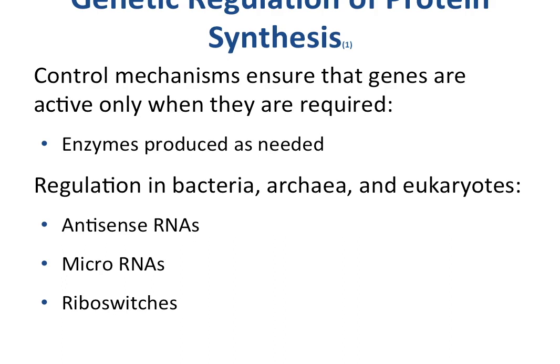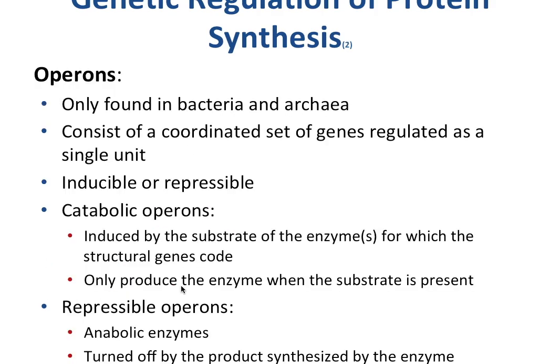However, if they don't need those proteins, they can shut down the production. There are many types of regulation, for example, antisense RNA, microRNA, and riboswitch.